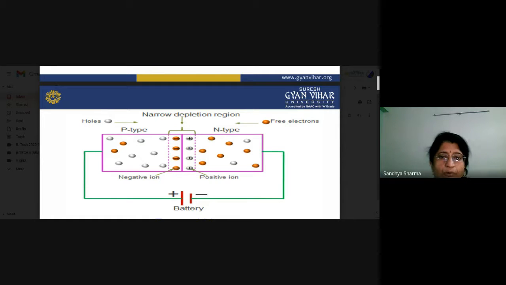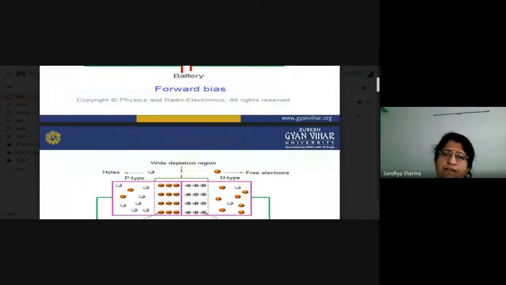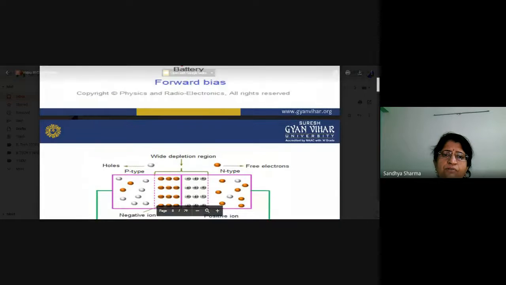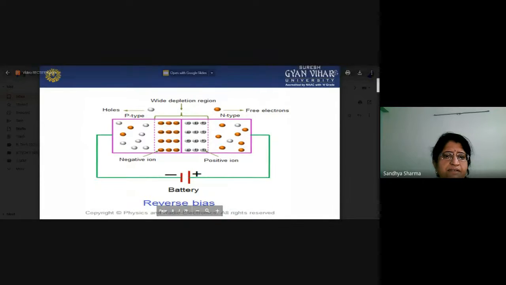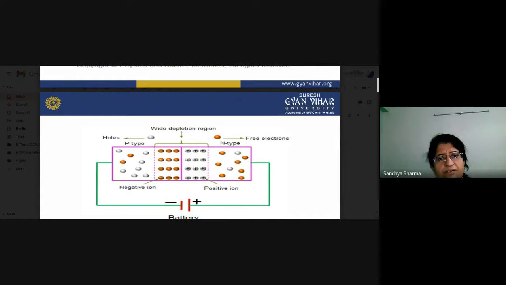It will conduct, and through the diode the current passes to the load. But when we reverse bias the diode, what happens? In reverse bias conditions, the depletion layer width increases, and due to this large width there is no flow of current and it offers very high resistance, as we saw in our previous lecture. So it works as an open circuit.